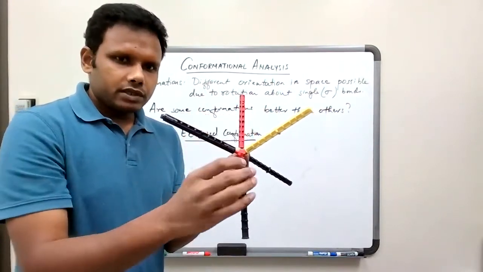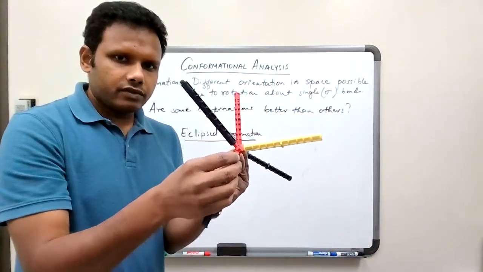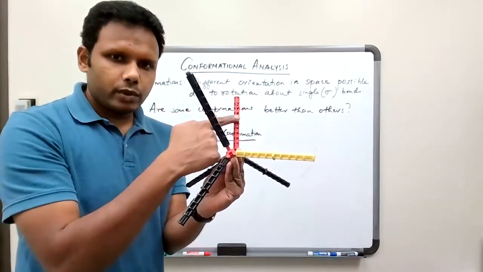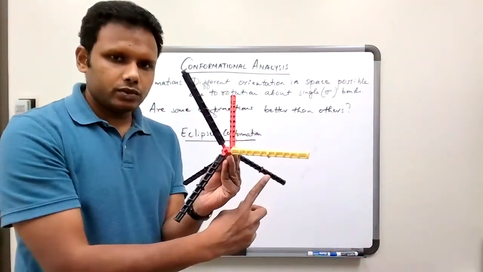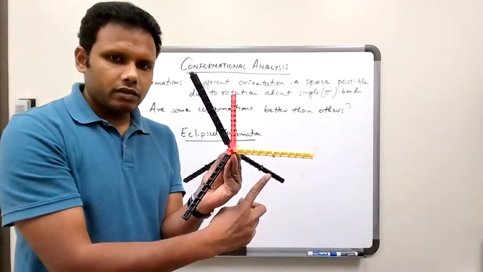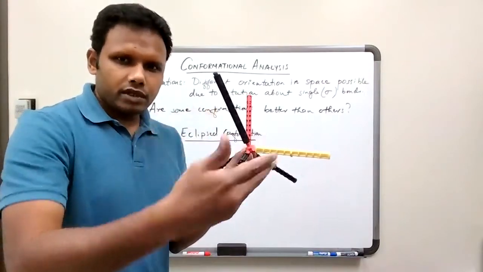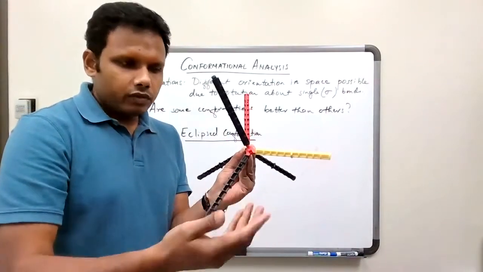Now, if I go any further from here, then the yellow is getting away from the red, but it's also getting closer to the black on the back carbon. So it is away from one, but closer to the other one. We don't want that.